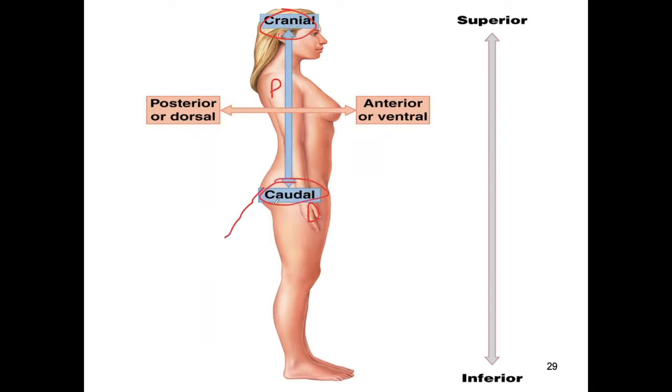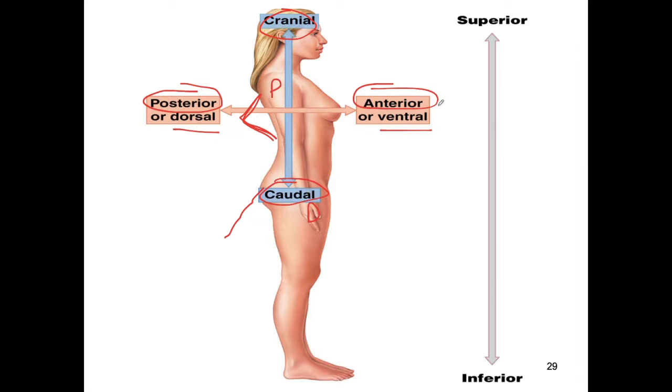Caudal means tail. When you're moving to the front of the body, it's anterior. When you're moving to the back of the body, it's posterior. AKA for anterior, also known as ventral, and posterior, also known as dorsal. Just like a shark has a dorsal fin, the fin on the back.